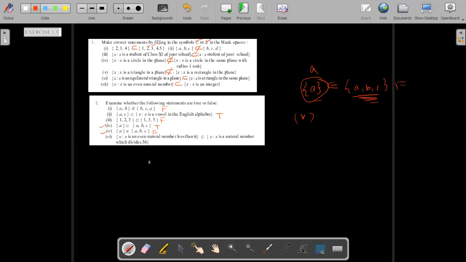Then, X is an even number less than 6 and a divisor of 36. Even numbers less than 6 are 2 and 4, and 2 and 4 both divide the number 36. Therefore, it is also true.